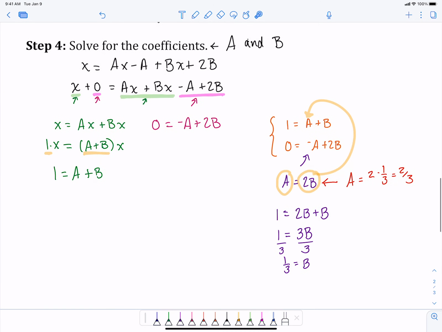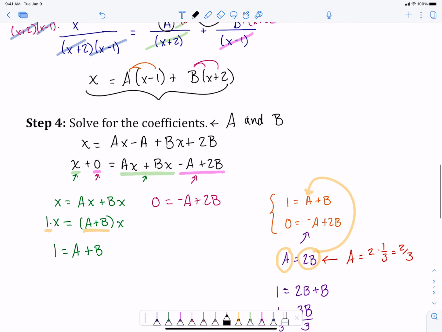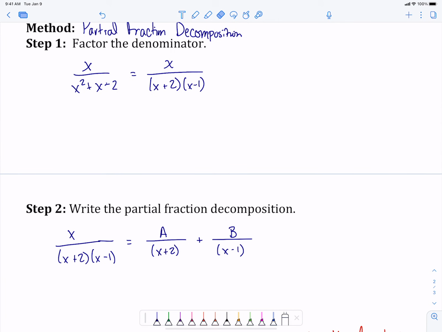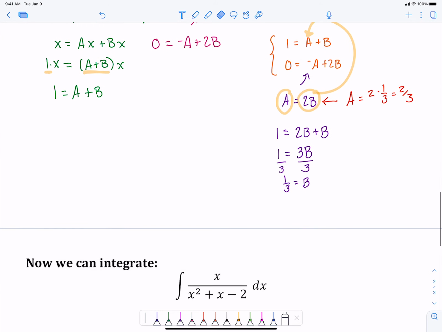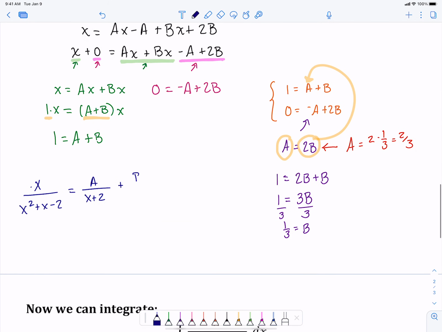What we also figured out here is that our original rational function, this original guy up here, x over x squared plus x minus 2, is equal to, remember we were trying to split this up as our first denominator plus our second denominator.